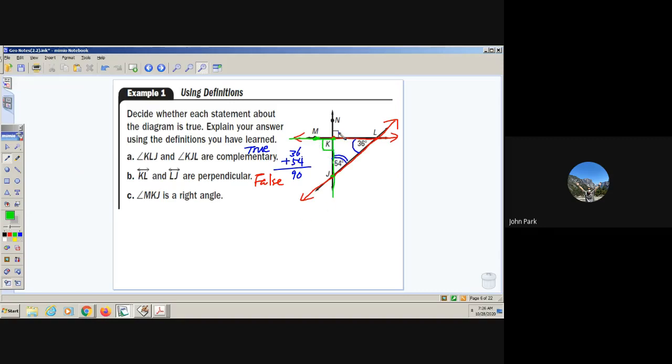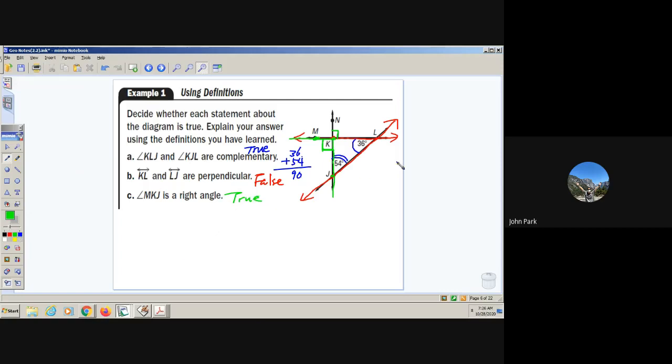True, because we have the right angle on the opposite corner. Remember, these are vertical angles. The vertical angles theorem tells us that vertical angles are always congruent. Since that is a right angle, the vertical angle, the opposite corner, which is angle MKJ, is also a right angle. So that is also true.